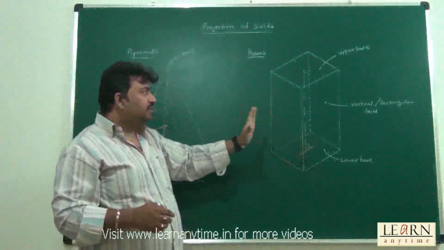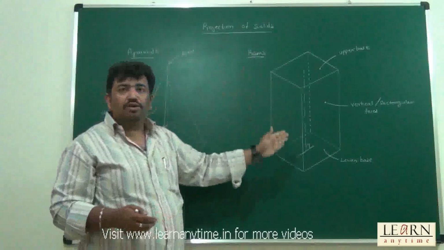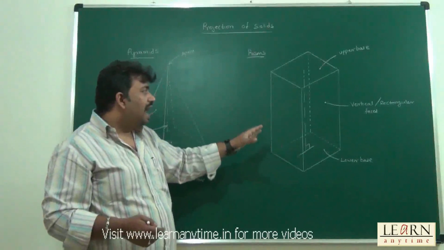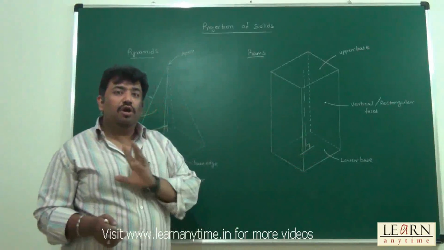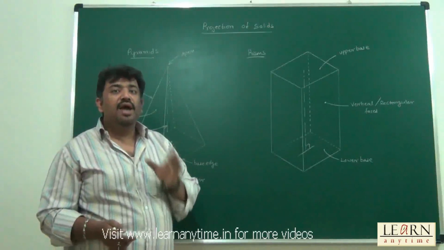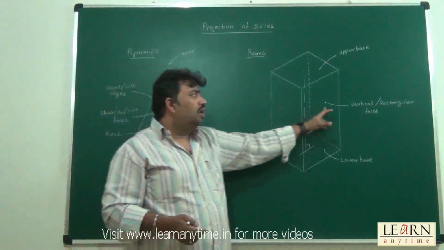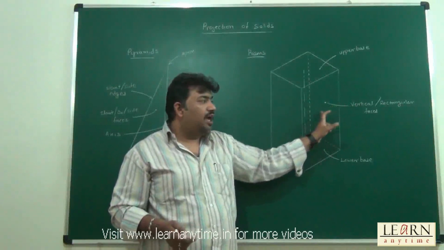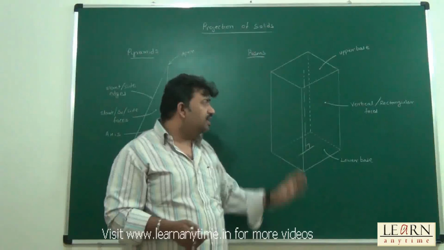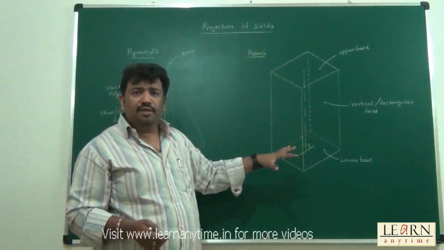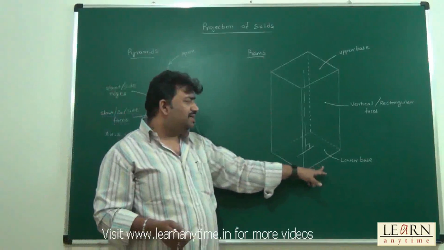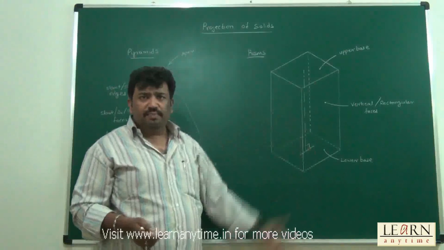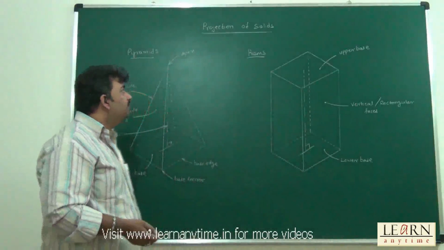But in case of a prism, the edges are vertical, they are not slant, and the faces are also vertical, and their shapes are not isosceles triangles, their shapes are rectangles, so they are also called vertical or rectangular faces. All the other parts have the same names as in a pyramid, like base corners, base edges and axis, so I have not mentioned them.